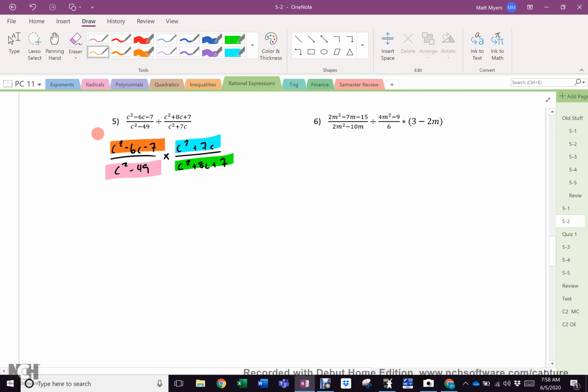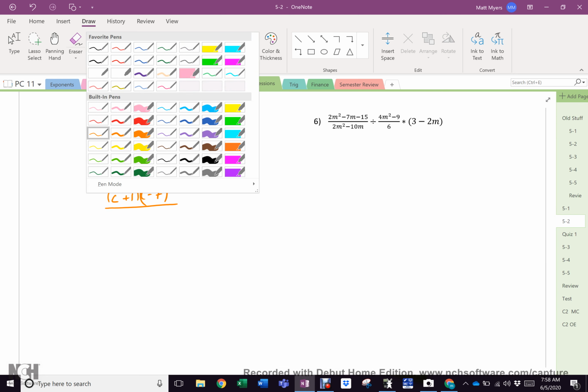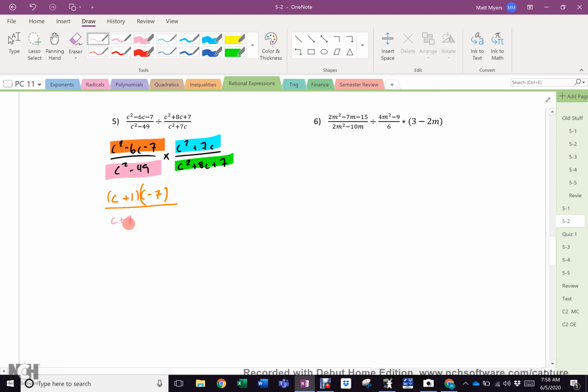So the orange one first: c plus 1, c minus 7 over the pink one, c plus 7, c minus 7, times the blue one, c plus 7 over, and the green one, c plus 7, c plus 1.